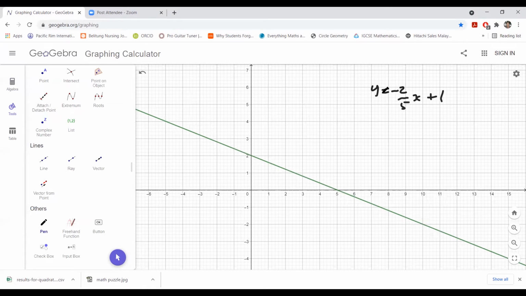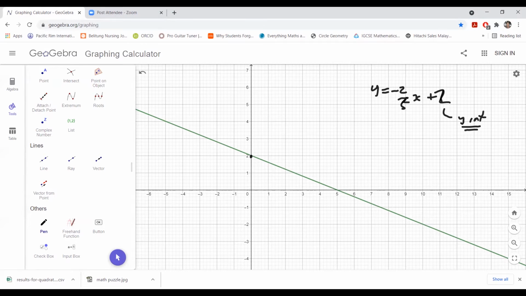So this is just to get you used to graphing straight lines. Okay, so take your y-intercept, which is plus 2. You see that? That's the y-intercept, which is this point here, yeah?